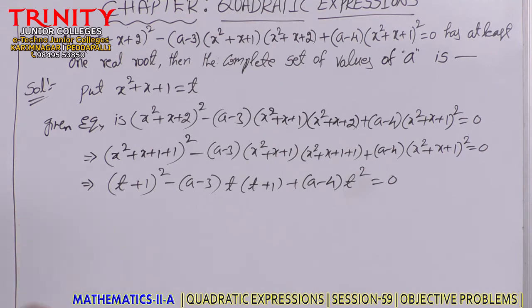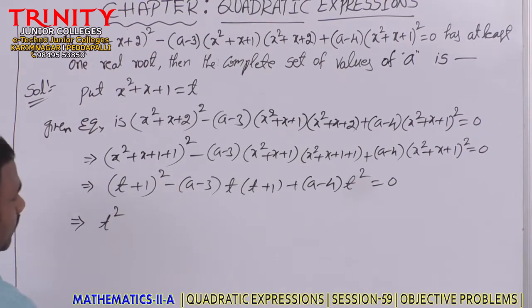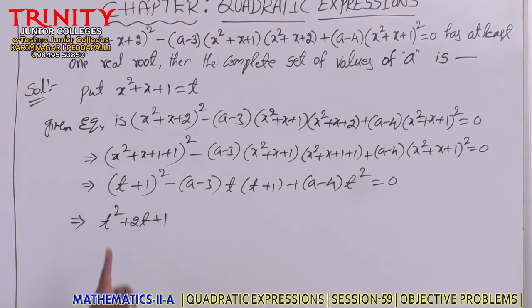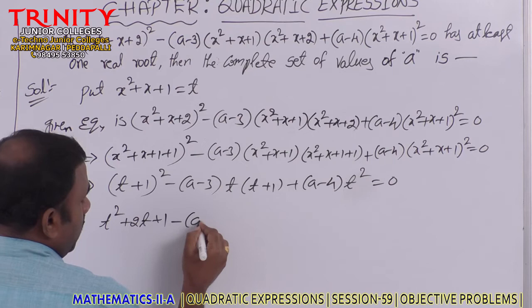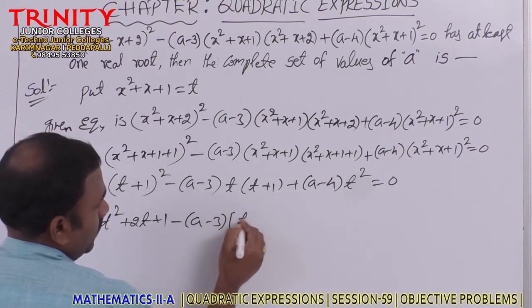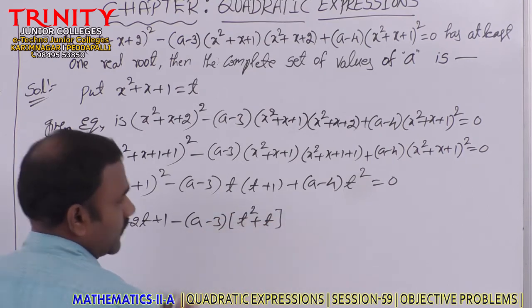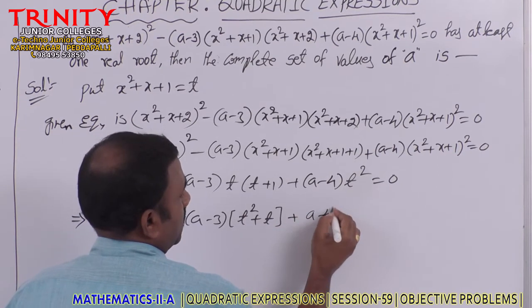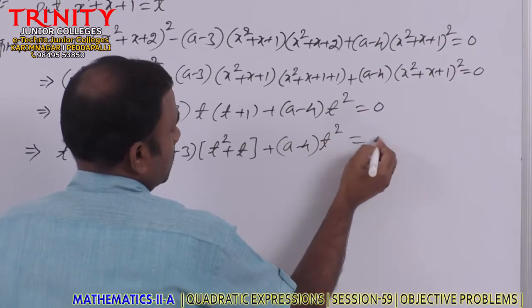Now simplify this equation. T square plus 2t plus 1 minus (a minus 3) into (t square plus t). Right? Plus (a minus 4) into t square is equal to 0.